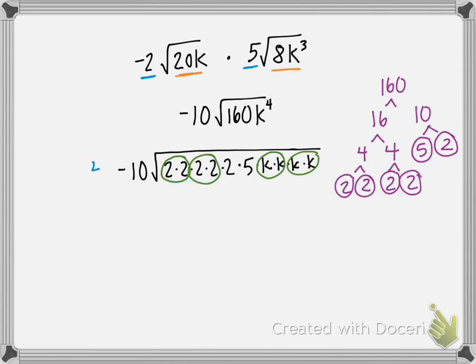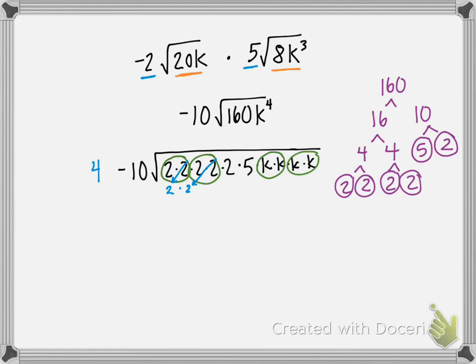So 4 is going to go on the outside. Another way to think of it is you have a pair of 2s, which makes a perfect square, 4, and the square root of 4 is 2. Then you have another pair of 2s, which makes a perfect square because the square root of 4 is 2. Again, we're multiplying those together, so you get the same answer. You're bringing a 4 to the outside.